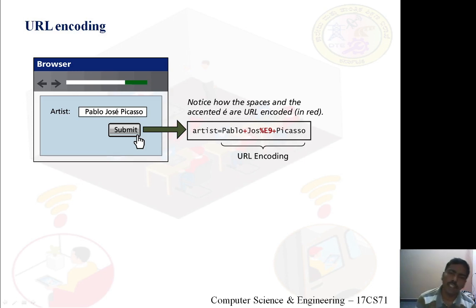Any unsafe ASCII character will be replaced by a percent sign followed by two hexadecimal values, because unsafe ASCII characters need to be converted into valid ASCII values. Clear? So in this query string, artist equals the name, white spaces are replaced by plus, but unsafe ASCII characters are replaced by a percent sign followed by two valid hexadecimal values. Clear? So this is about this session. Thank you for listening.